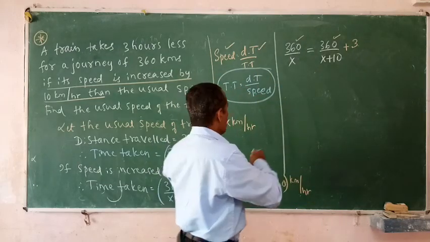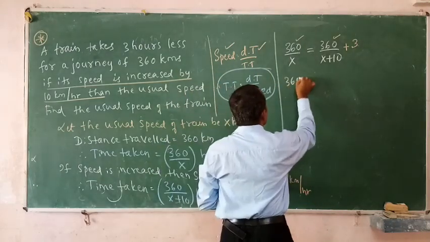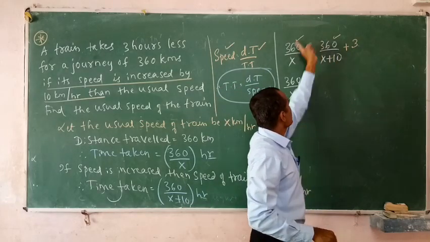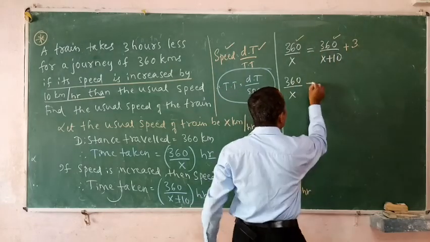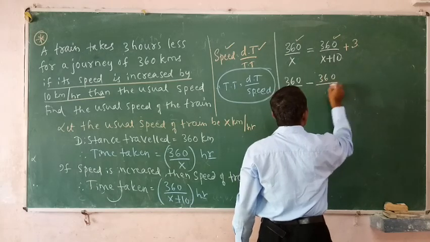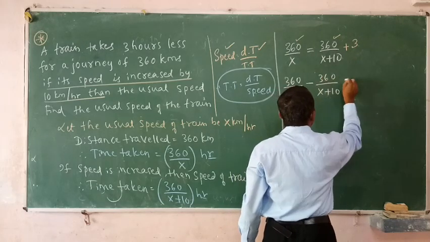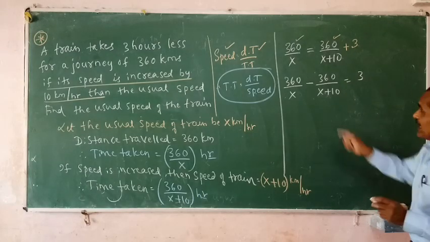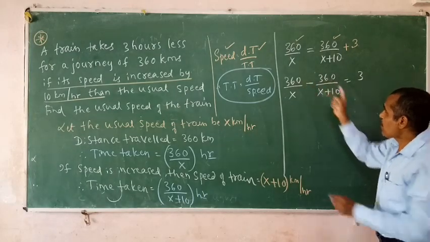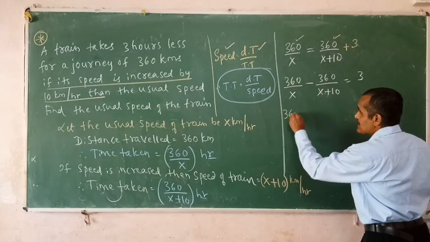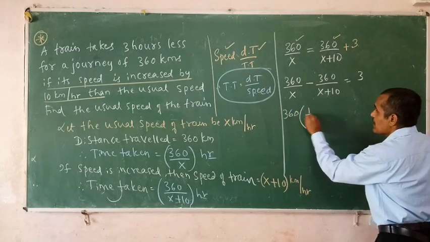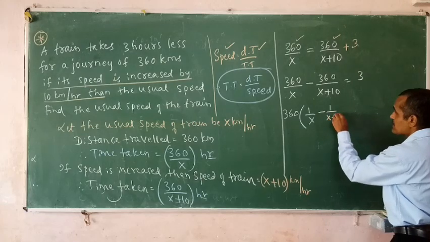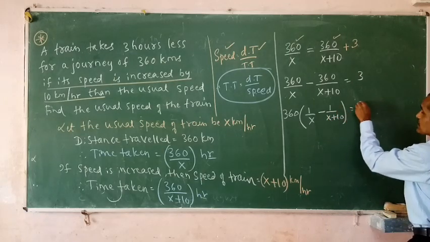Okay, now let me start. 360 by x. Now I will shift it to this side. Minus 360 by x plus 10 is equal to 3. I will simplify like this. In both places 360 is common. I will take 360 as common into bracket 1 by x minus 1 by x plus 10 is equal to 3.